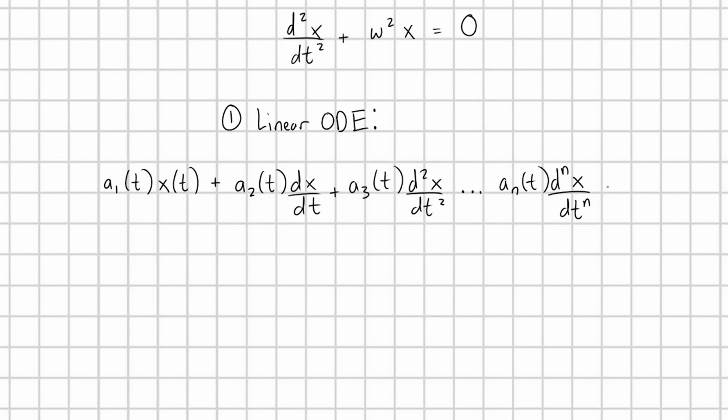And this all equals a0 of t. Just so we're totally clear, each of these little a1, a2, a3 are just functions of time. And then we're multiplying them by first x, then the first derivative of x, then the second derivative of x, and then we keep going to some nth derivative of x. We're adding up all these terms, and this equals, again, some other function of t, a naught of t. This is the form of a linear ordinary differential equation.